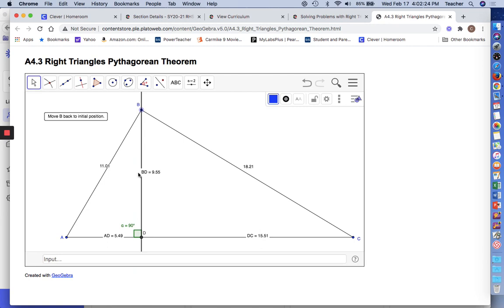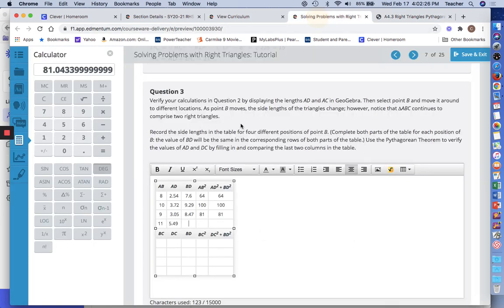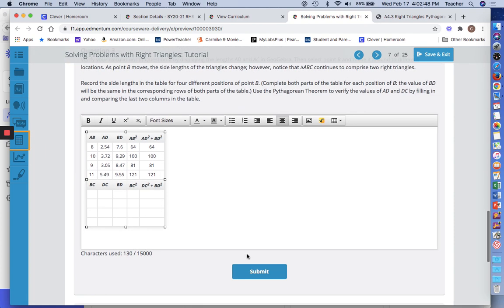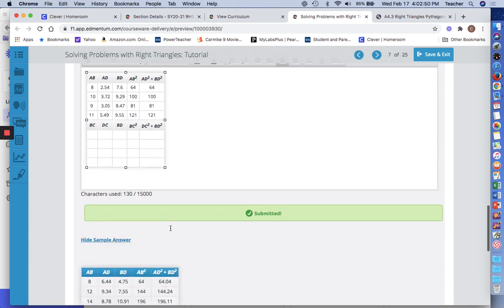BD is 9.55. 11 squared is 121. So 5.49 squared plus 9.55 squared equals, I got 121. So I'm going to leave the rest of them for you to do, just for sake of time.